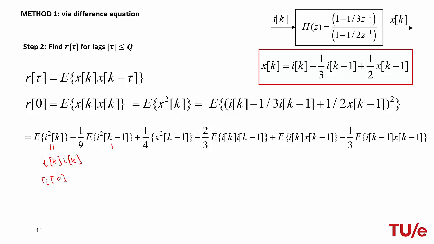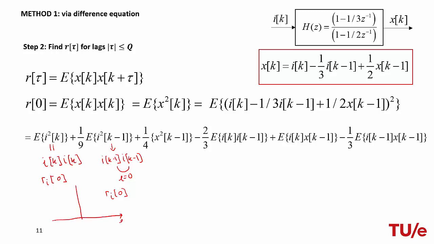And this one is the same because it's like multiplying ik minus 1 times I at k minus 1, which is again lag equal to 0, and therefore the expectation of this is equal to the autocorrelation of I at 0. But let's remember what the autocorrelation of a white noise sequence is.